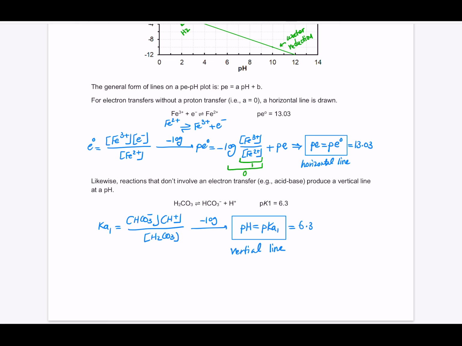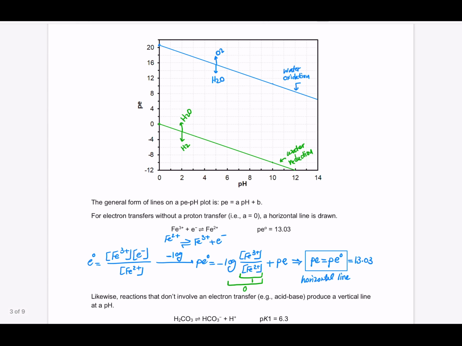But as you know, this might be a little bit more complex, involving a redox reaction that has electron and proton. Then we don't have a vertical or horizontal line, but rather we have a line that has some slope. You saw that right here. So this is basically a reaction that involves both proton and electron, both of them.